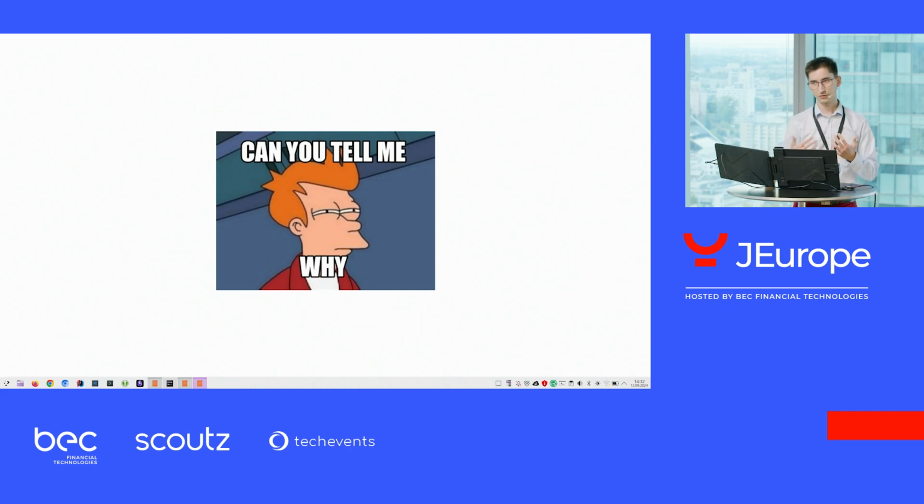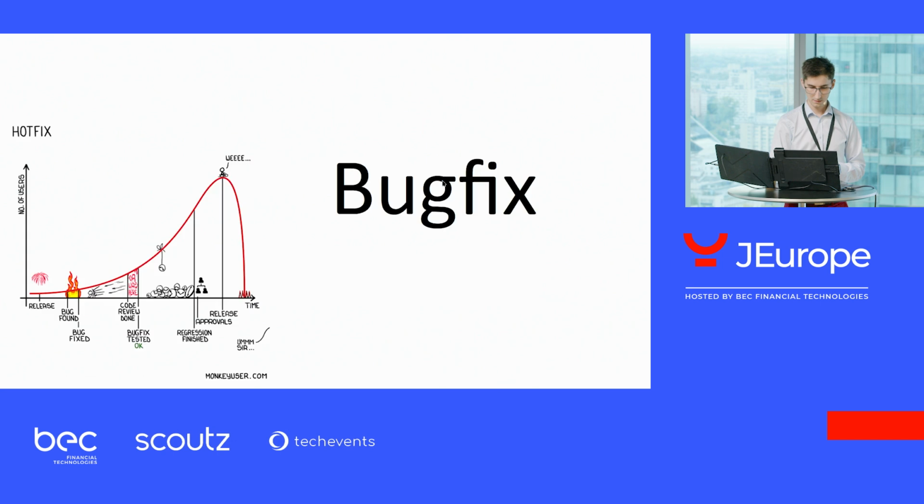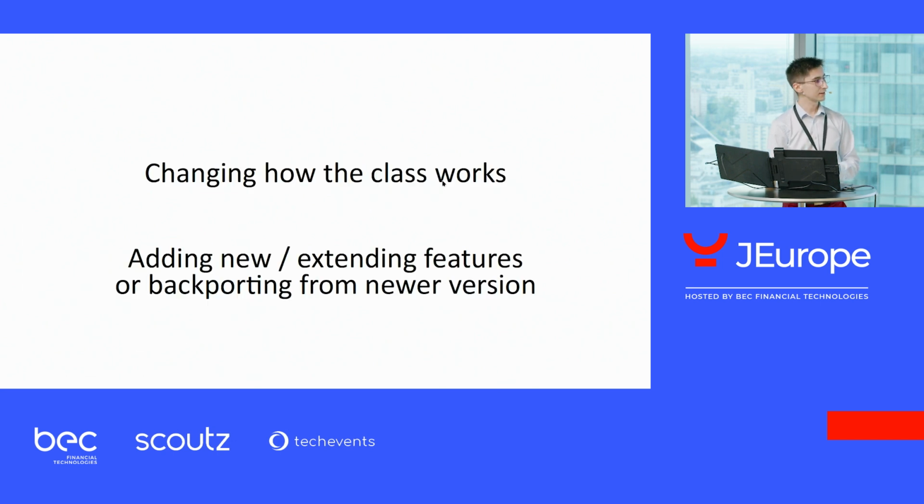Because I showed you what shading is, what shadowing is, why we should learn about it, but how can we use it? The most important thing is that we can change how the class works. So we can copy the class from the dependency into our code base and change the way it works by just changing the code in the methods.